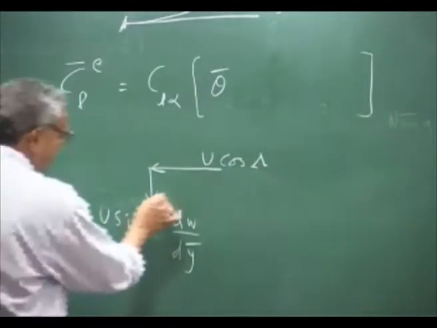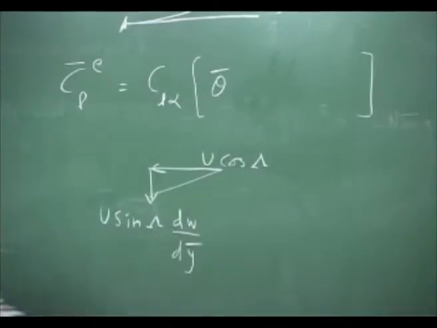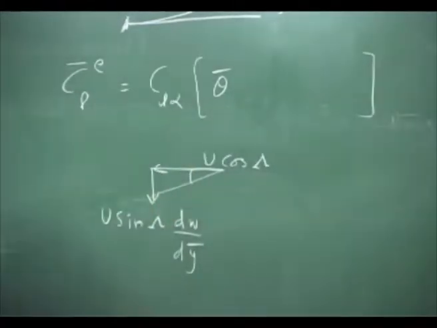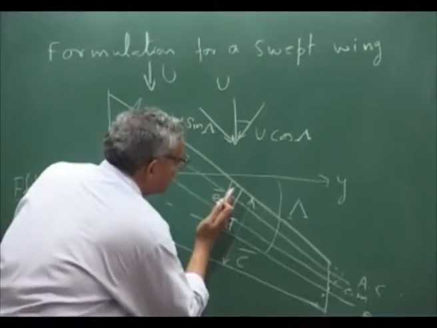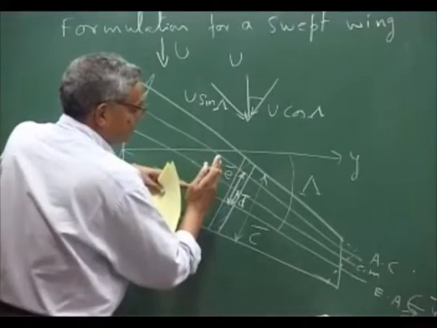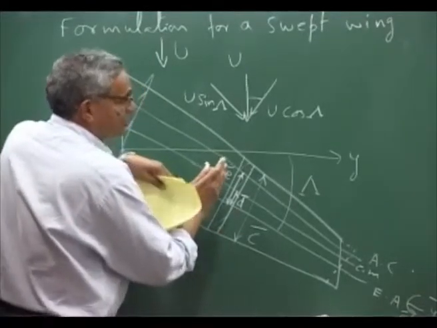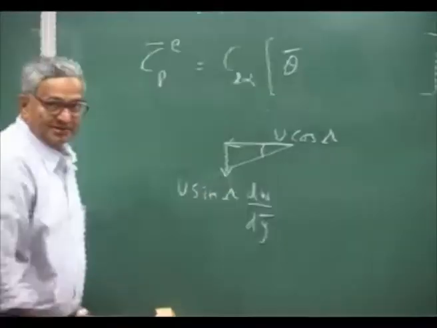Now this is a change in angle of attack at that section. But please understand, this is a little tricky. In the sense, this section which was originally like this, it has become like this. And you have a velocity component which is coming. A normal component you take. The normal component is U sin lambda dw by dy.